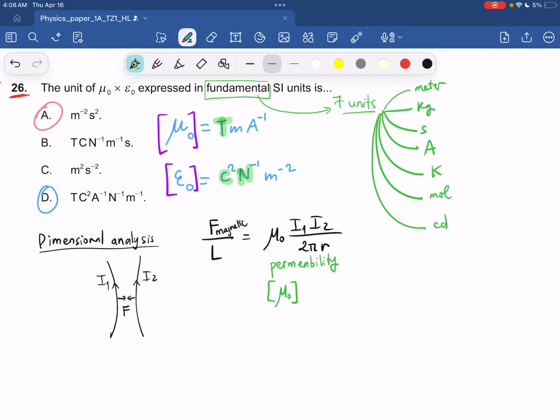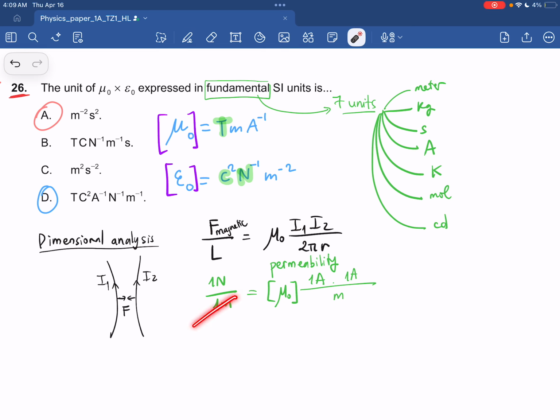So back to the unit here. We can see that the unit for force is 1 Newton, the unit for length is meter, the unit for current is amperes, sorry, amperes, my bad, and this one is another amperes. 2 pi doesn't have a unit, and r should have the unit meter. So if we simplify, meter cancels out.